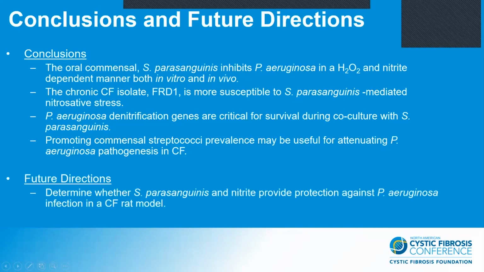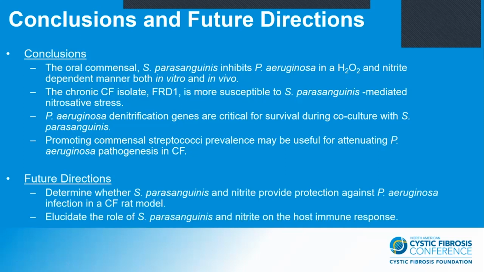And so our future directions are to determine whether Strep parasanguinis and nitrite provide protection against Pseudomonas in a CF rat model. And we also want to know how Strep parasanguinis and nitrite modulate the host immune response. There are no studies currently that look at how Strep parasanguinis impacts the host immune response in addition to nitrite.